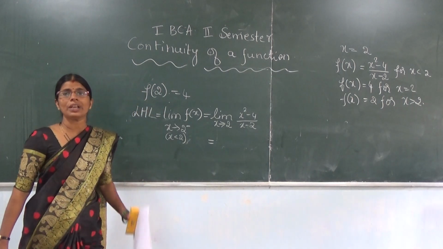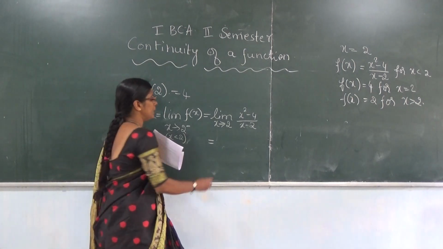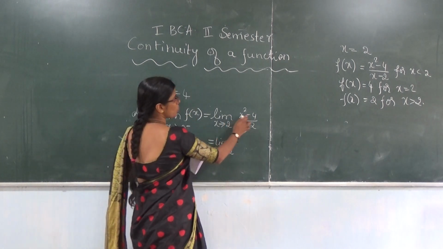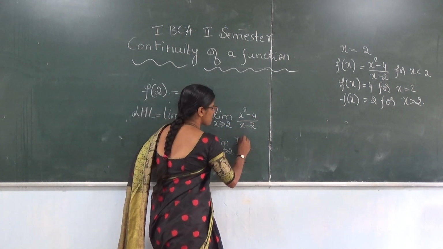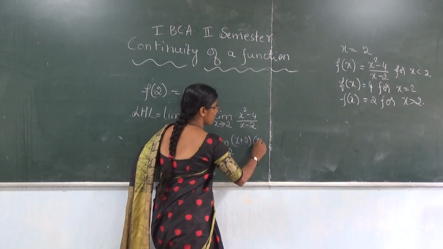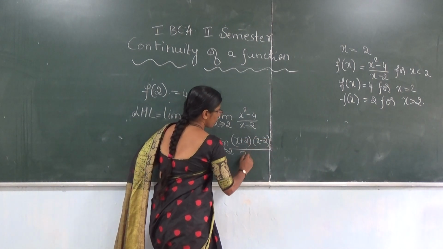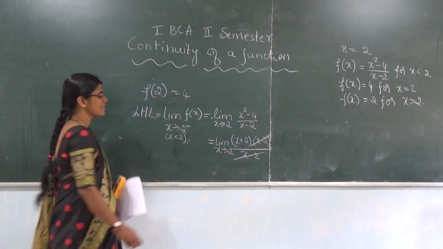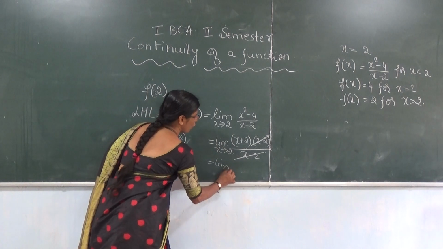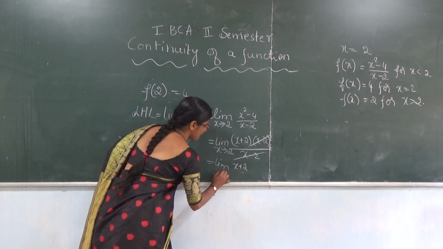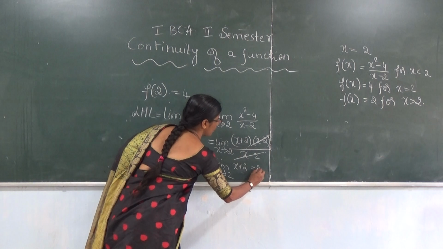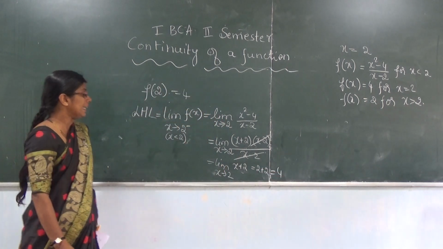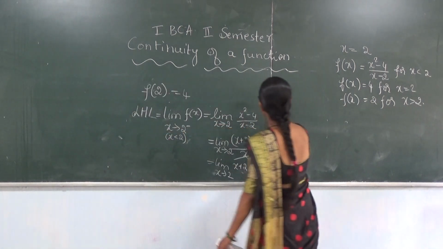So now you have to evaluate this particular limit. How to evaluate? You consider x square minus 4 as x plus 2 into x minus 2 divided by x minus 2. So x minus 2 and x minus 2 cancel. You are getting limit of x plus 2 as x tends to 2, and that is equal to 2 plus 2 equal to 4.